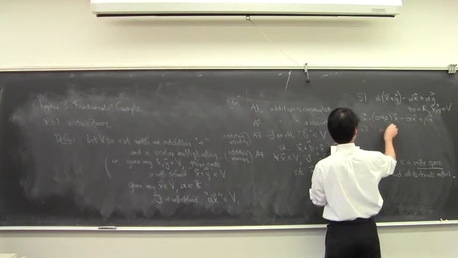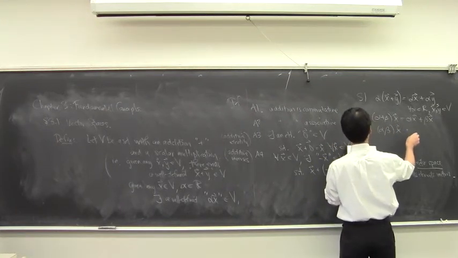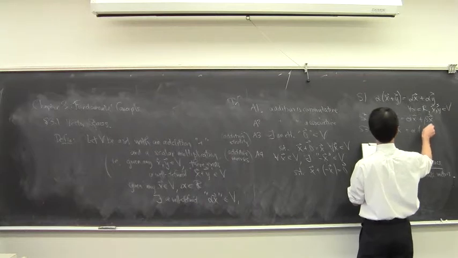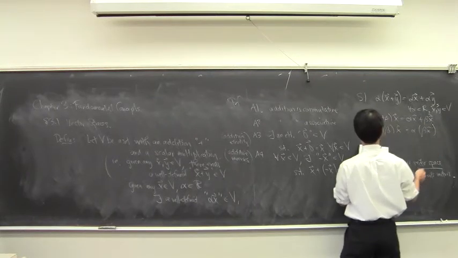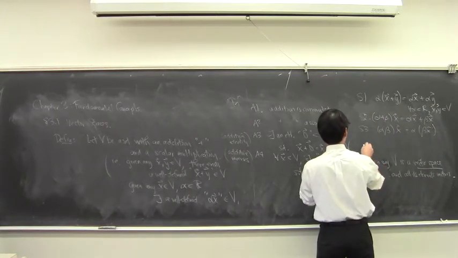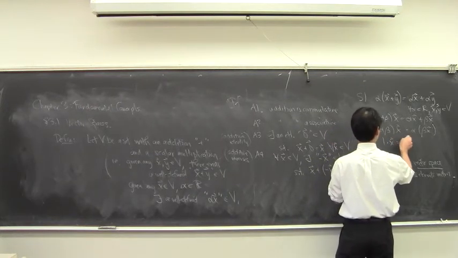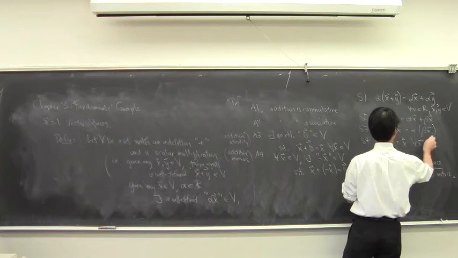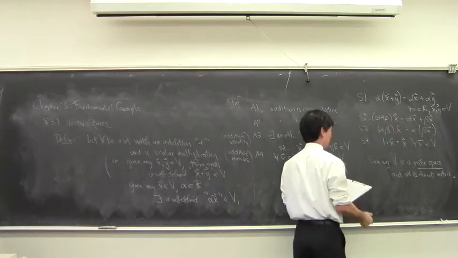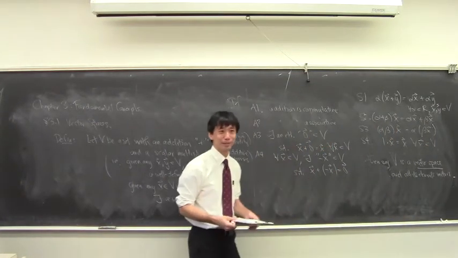If alpha beta x equals alpha times beta x, and 1 times x equals x for all x, then we say V is a vector space.